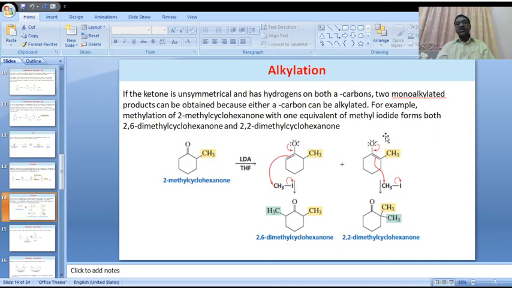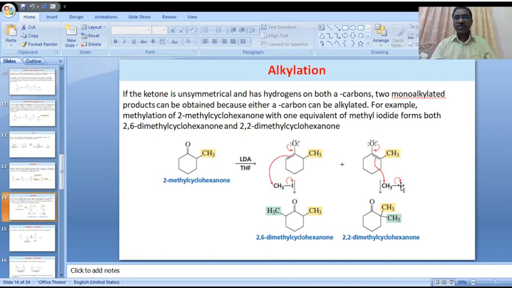cyclohexanone. If the pair of electrons donates to the cyclic ring side, cleavage of the pi bond like this, in that case the right hand side alpha carbon gets negative. That carbon bonds with the methyl electrophile, and there is breakage of the carbon and iodine bond.